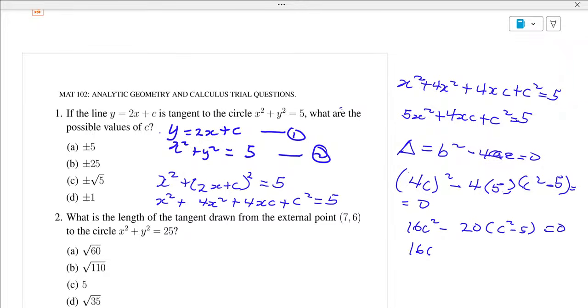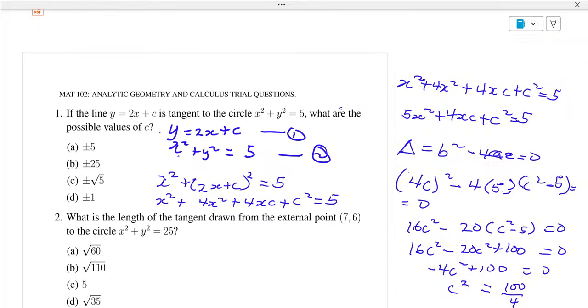Can we do some simplification? Yes. We have 16c squared minus 20 times c squared minus 5 equals 0. So I have 16c squared minus 20c squared plus 100 equal to 0. If I do the math, I have negative 4c squared plus 100 equal to 0. So c squared is equal to 100 over 4, which gives us 25. So c will be equal to plus or minus 5.